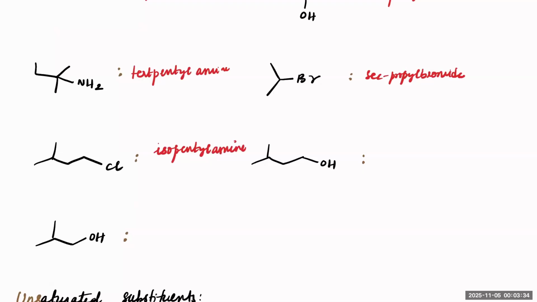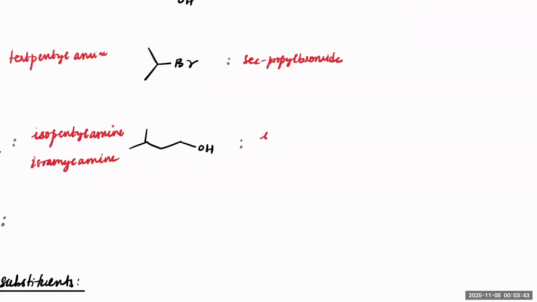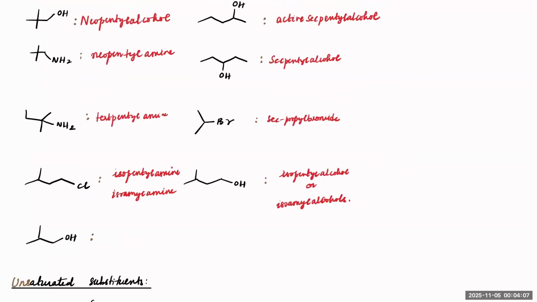Okay, or this is going to be isoamyl amine. Next, here we'll get this as isopentyl. Done. So this is going to be isopentyl alcohol. Another way of writing it is isoamyl. Amyl is always used for 5 carbons. So then it is isoamyl alcohol. Right? Isoamyl alcohol. Got it?